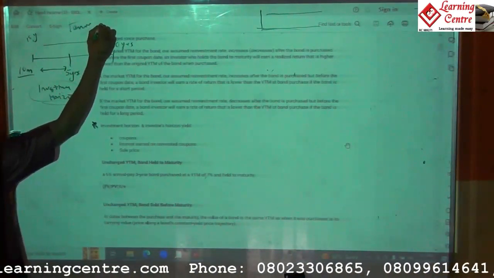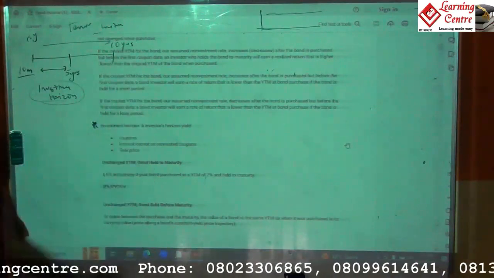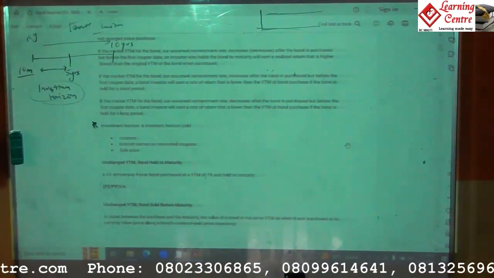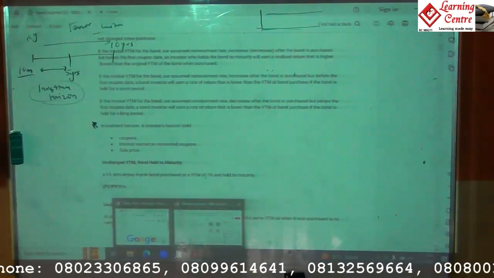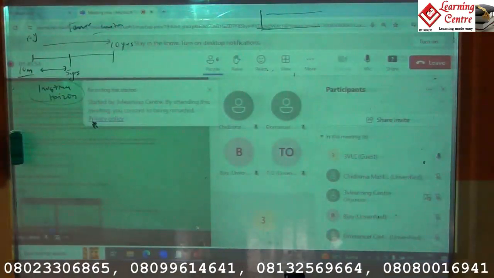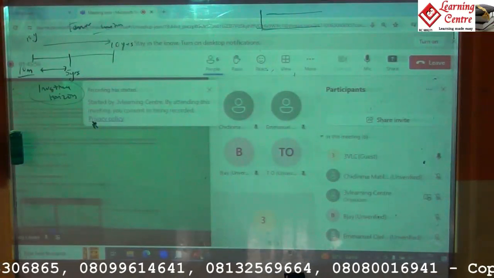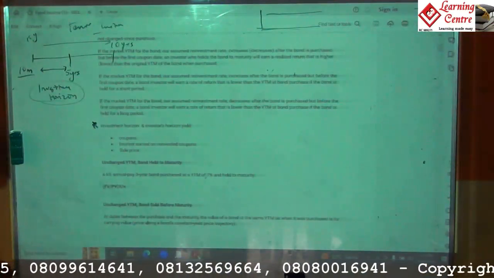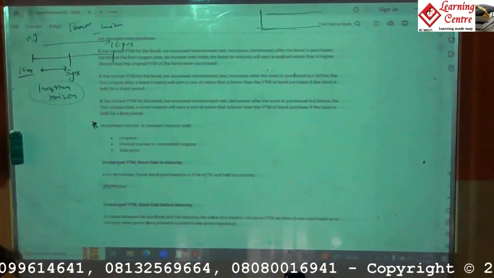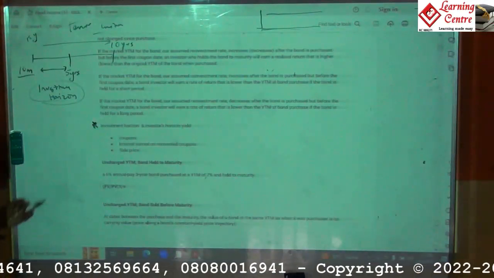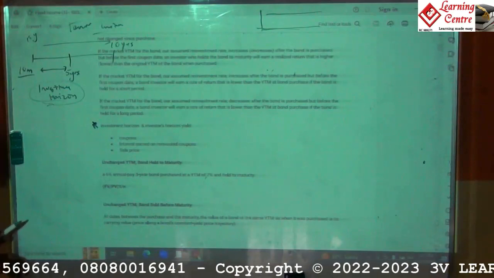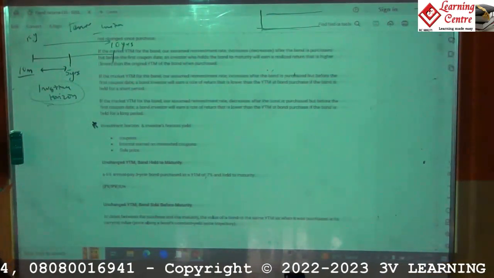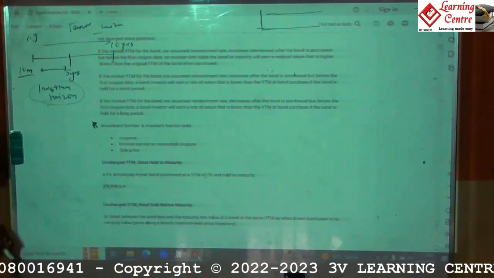So what is this telling us? Sometimes the investment horizon of an investor can be different from the tenor they are investing in.